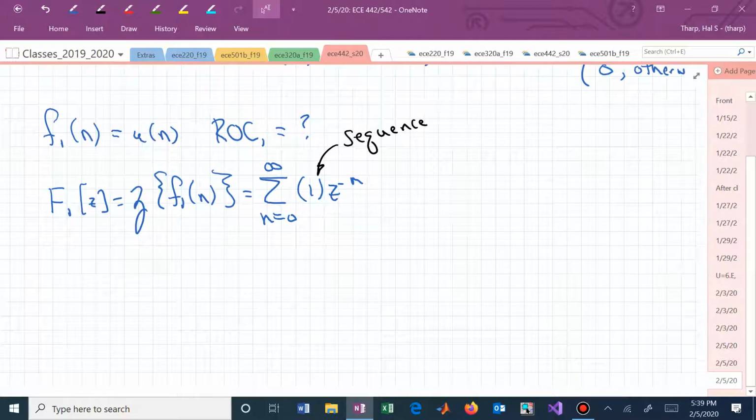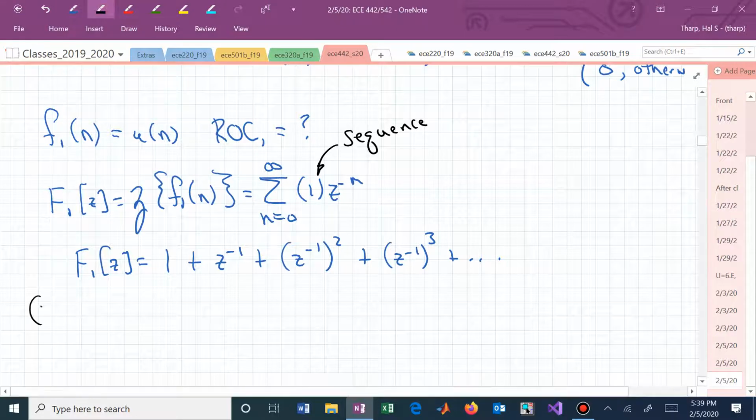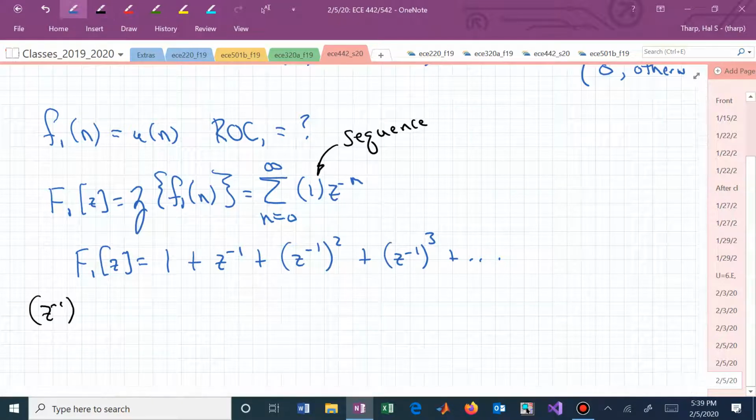And if you now looked at f sub 1 of z in terms of its series, it's now 1 plus z to the minus 1 plus z to the minus 1 squared. I'm writing it in a way to explicitly illustrate the common ratio, which we can now use to modify the original series given by capital F sub 1 of z.